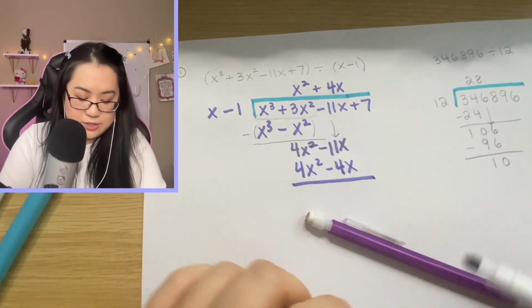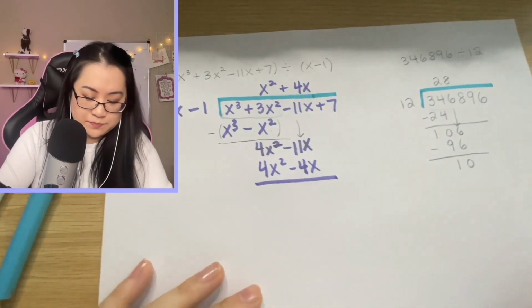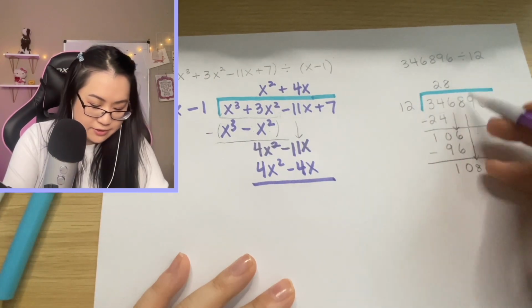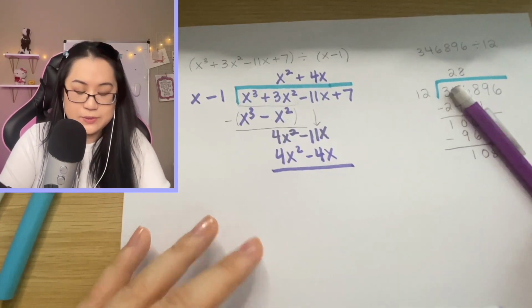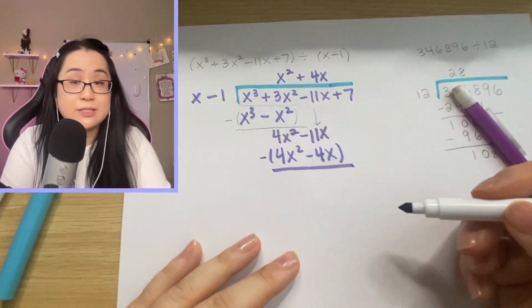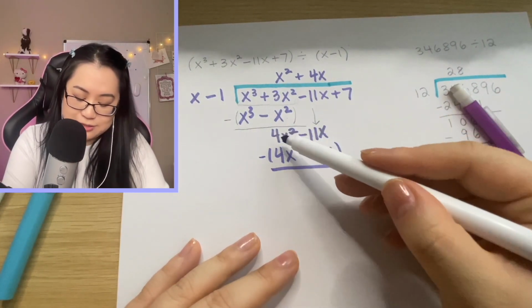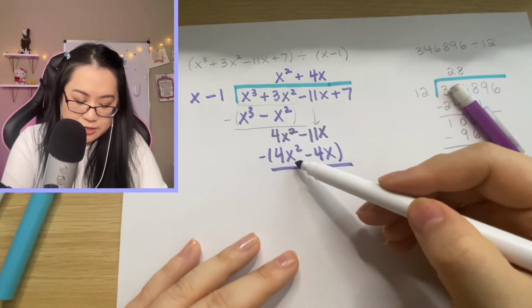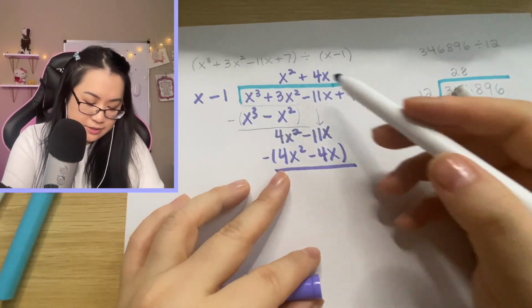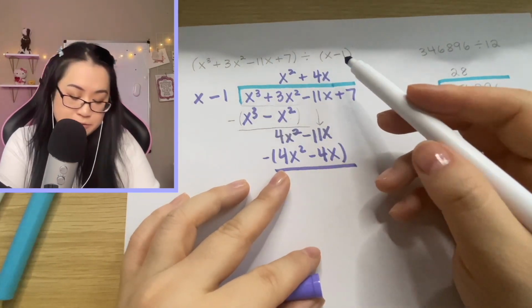So then you continue and bring the 8 down here, like so, and carry on. So for here, we do the same thing. Subtract, put the parentheses around this. So we have 4x squared minus 4x. That goes away. That's fine, as expected, because we chose the 4x to do that.